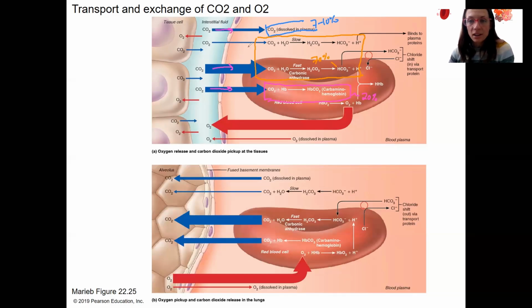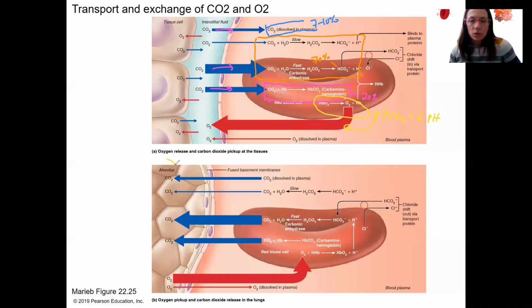We're looking at carbon dioxide. Oxygen is unloading from hemoglobin at the tissues. This is facilitated by the presence of this low pH and high PCO2. This carbon dioxide being added on here is facilitating this, and that's the Bohr effect.